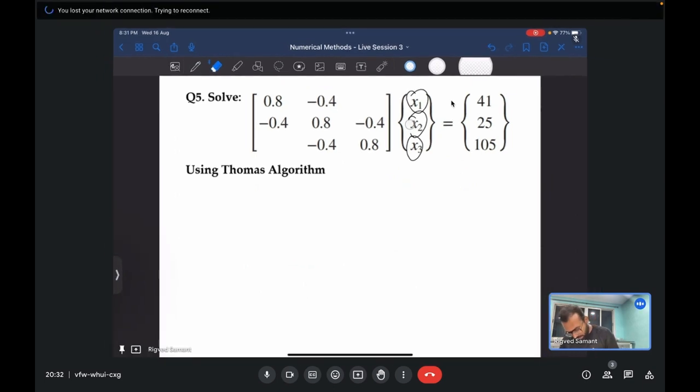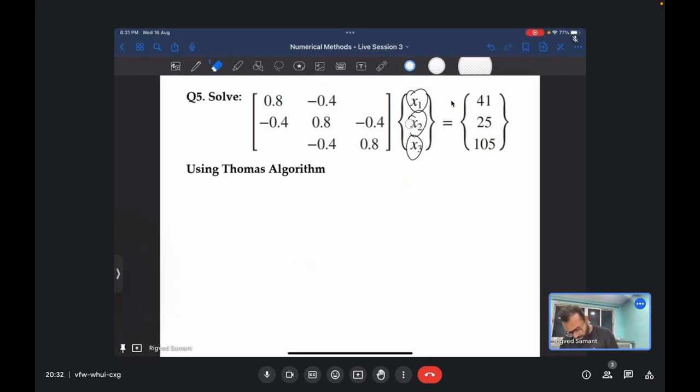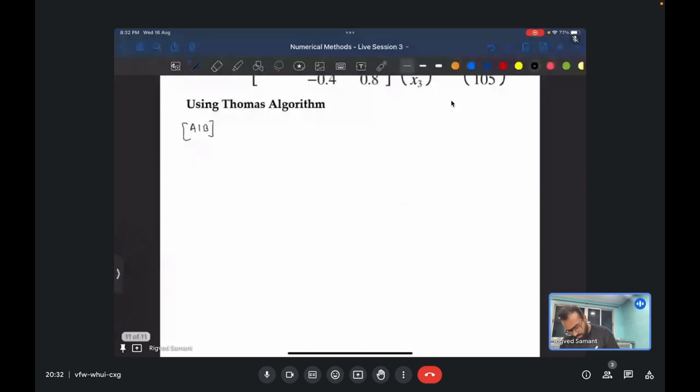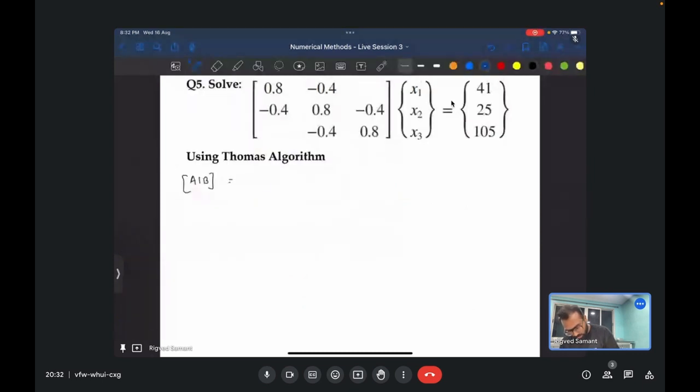First you will write this matrix, A augmented with B: 0.8, minus 0.4, 0, 41; minus 0.4, 0.8, minus 0.4, 25; 0, minus 0.4, 0.8, 105.